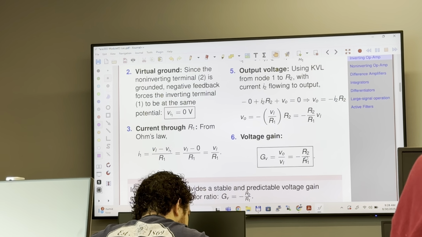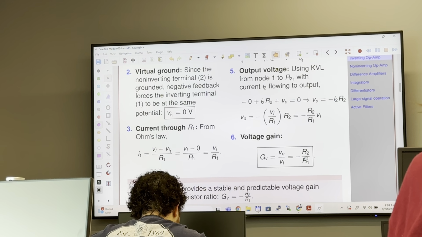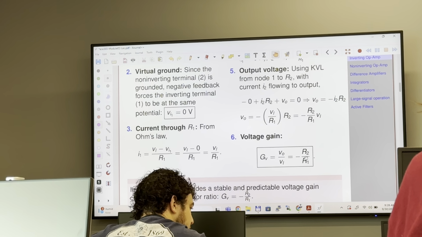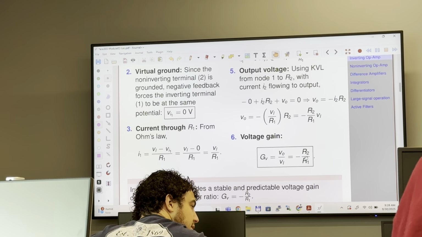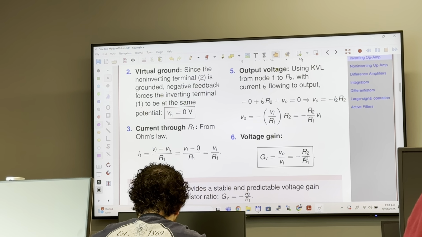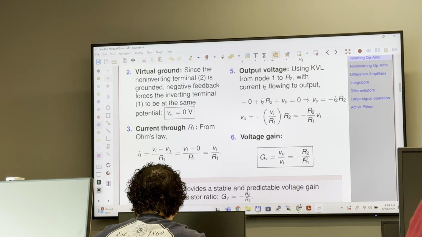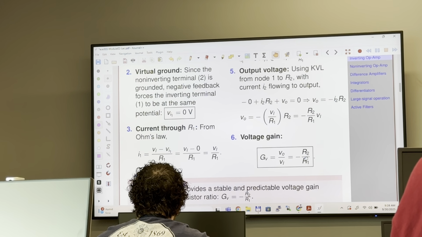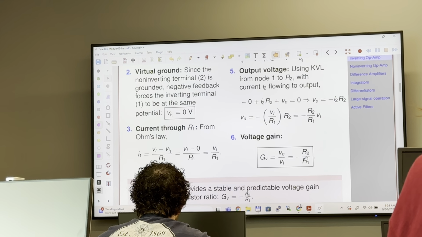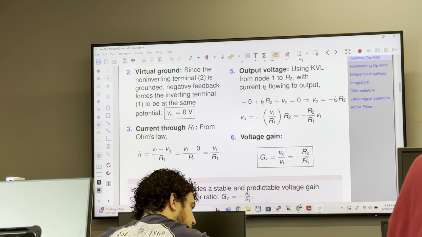Now, keep this in mind: let's say you have problem A and problem B. In problem A you have a certain expression, and in problem B you evaluated the numerical value based on that expression.